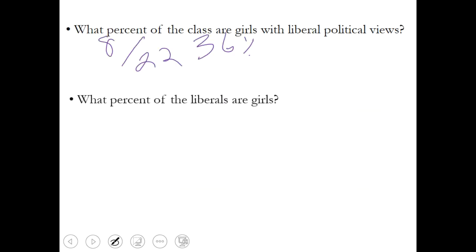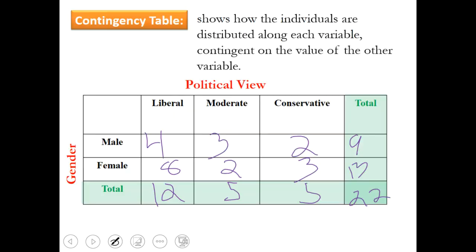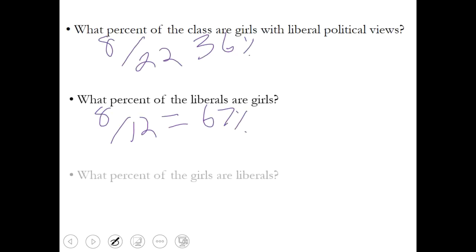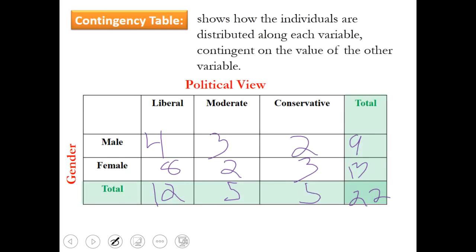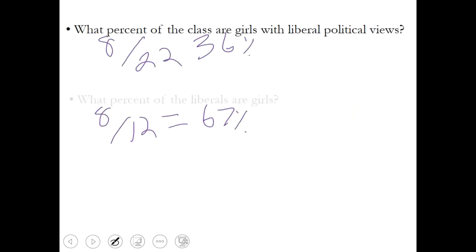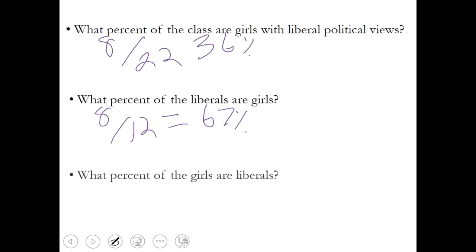So 8 divided by 12, and that's going to tell us 67%. What percent of girls are liberals? There's 13 girls, 8 are liberal, and we come up to 62%.